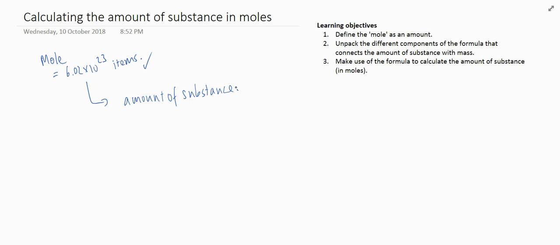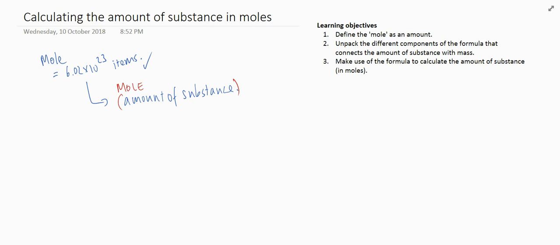So you will hear the mole being pigeonholed as something like this all the time. The mole is an amount of substance. All right, and I think we should work with that. We will just run with this definition for the mole. So the mole is an amount of substance.